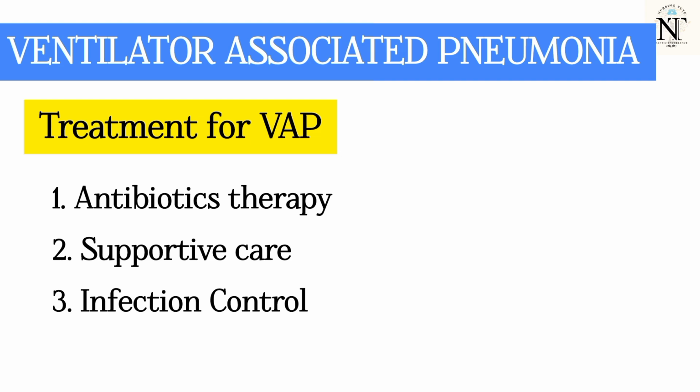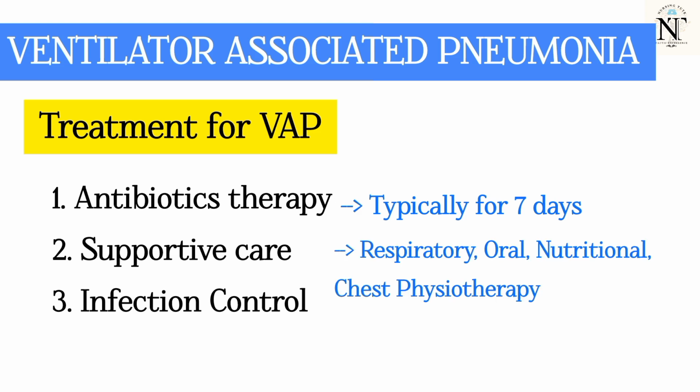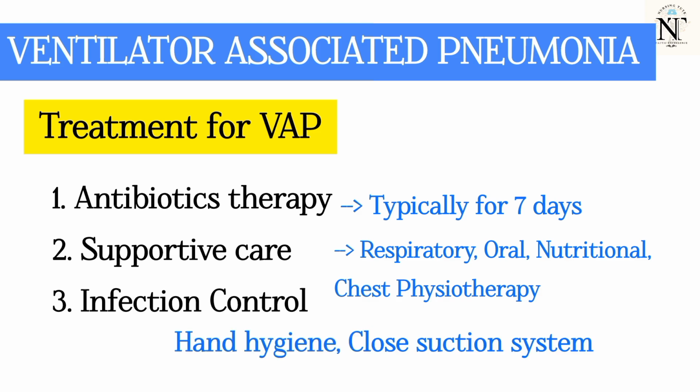The typical course of antibiotic therapy for VAP is around 7 days, but it can be individualized. Okay, and supportive therapy includes respiratory support, oral hygiene, nutritional therapy, and chest physiotherapy. And infection control: the nurse should maintain strict hand hygiene and should suction within a closed suction system. Okay, this will prevent the infection.